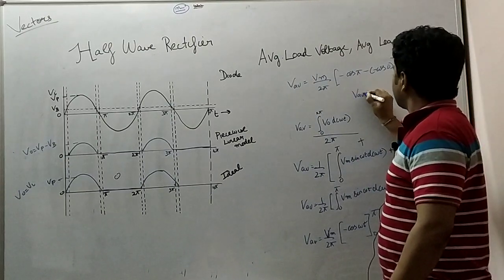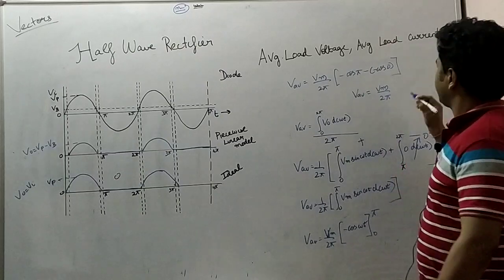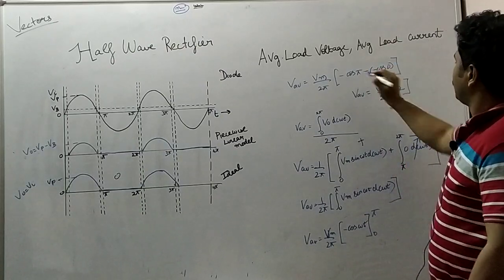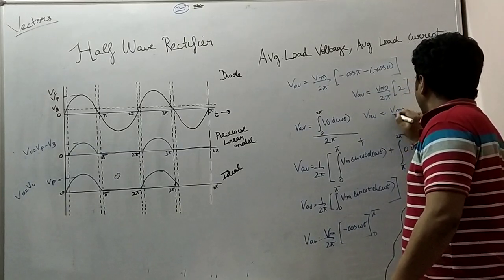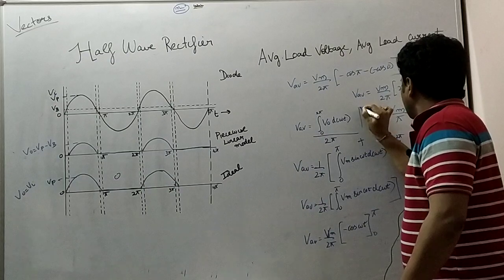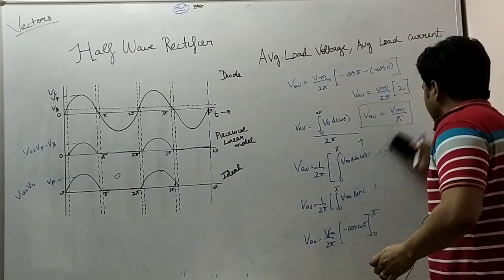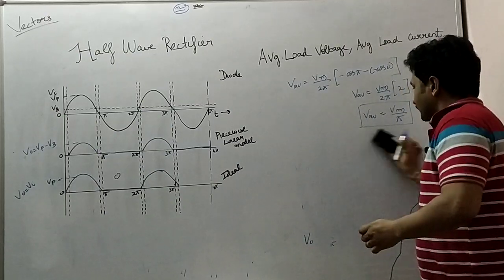So V average equal to Vm by 2 pi times 2. So V average equal to Vm by pi. So this is the expression for average voltage, average load voltage we have got.